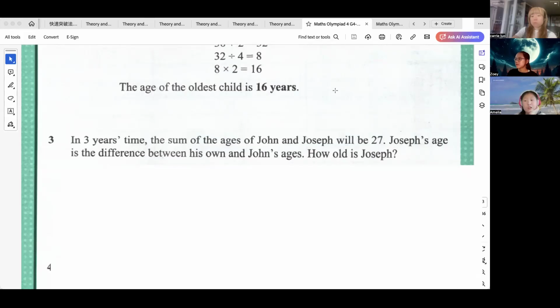Amelia, how about you read the number 3 question? In 3 years' time, the sum of the ages of John and Joseph will be 27.